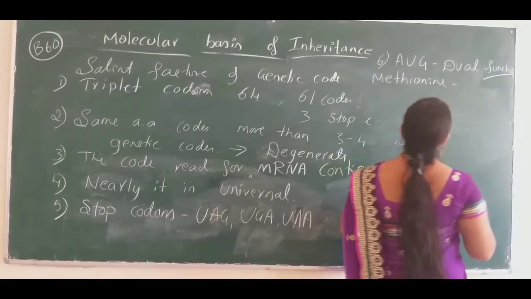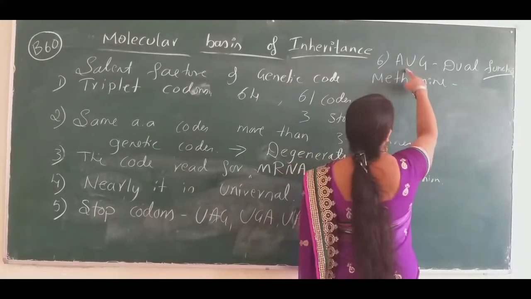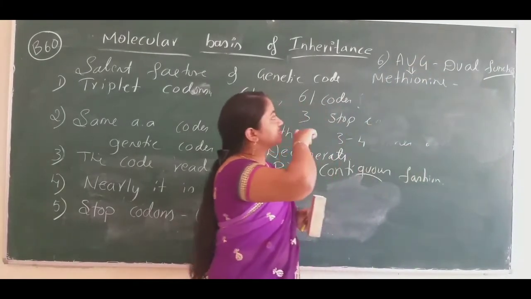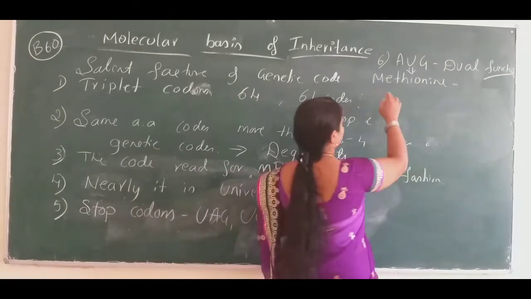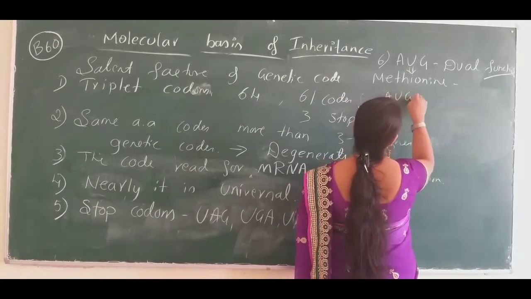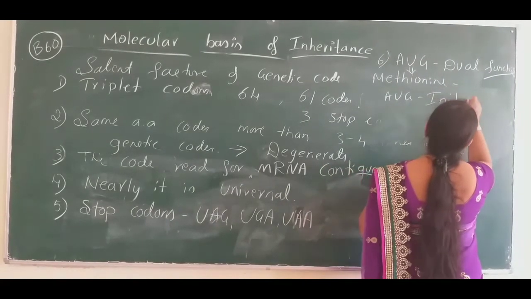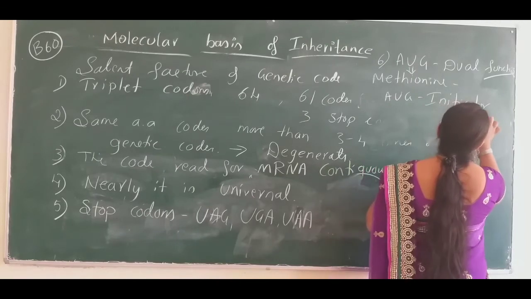Methionine. So what is the first function? The AUG triplet codon codes for the amino acid known as methionine, and also the AUG triplet codon is known as the initiator codon.